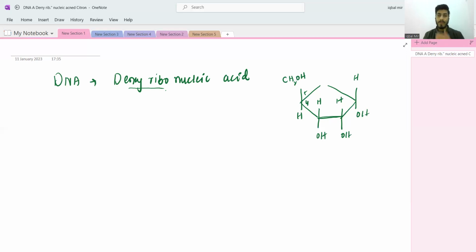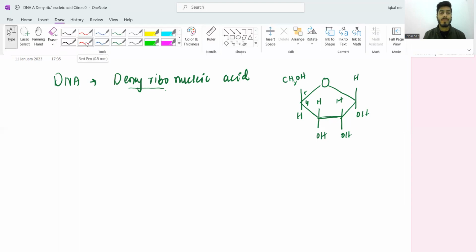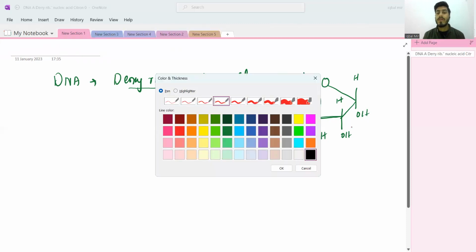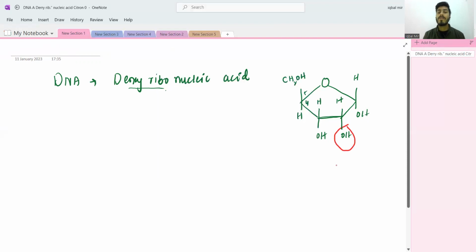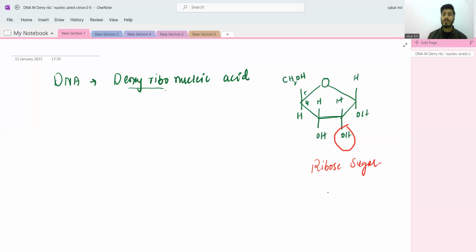Okay, this is the ribose sugar. Understood? So what is there? Oxygen. So students, you can see here. Okay, let me change the color of the pen. You can see the second position. OH is present here. That is why it is called ribose sugar. So this is first position, second position, third position, fourth position, and fifth position.